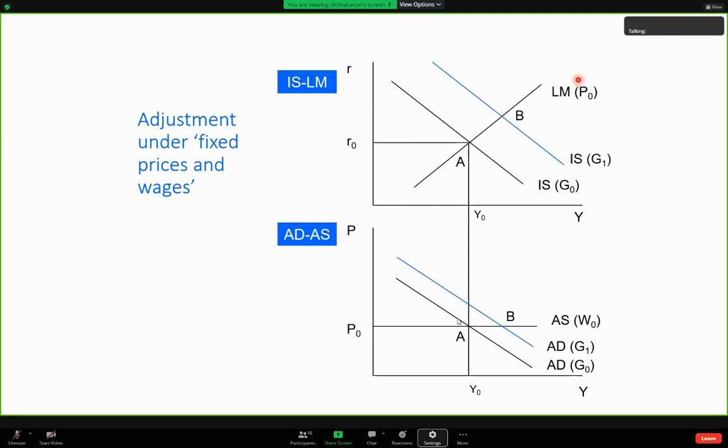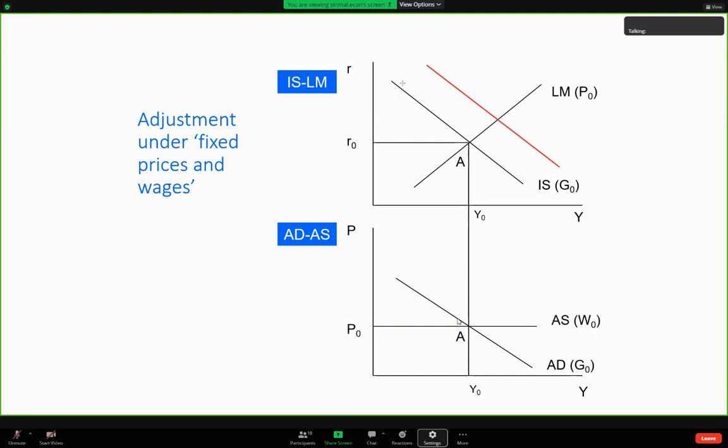Now, again, I will draw it. We are going to increase government spending, fiscal expansion, so that we will have this line here, new IS line.